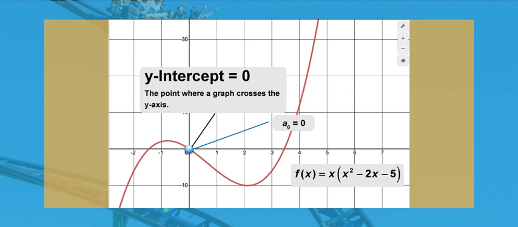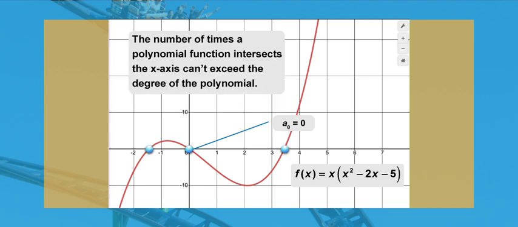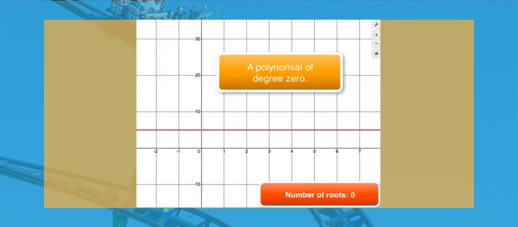A third feature common to all polynomial function graphs is that the number of times a polynomial function intersects the x-axis can't exceed the degree of the polynomial. Let's look at this in more detail. When a function graph intersects the x-axis, we call that a root of the function. Let's start with a polynomial function of degree 0.